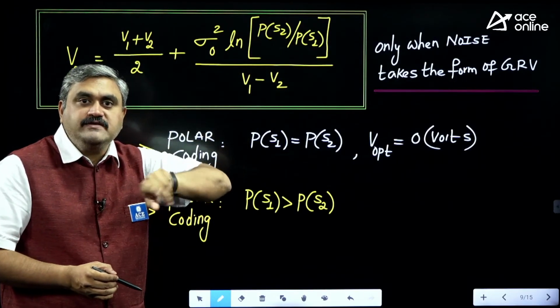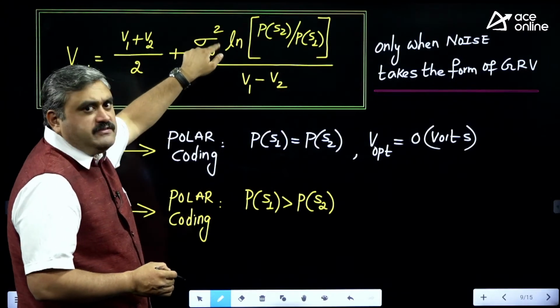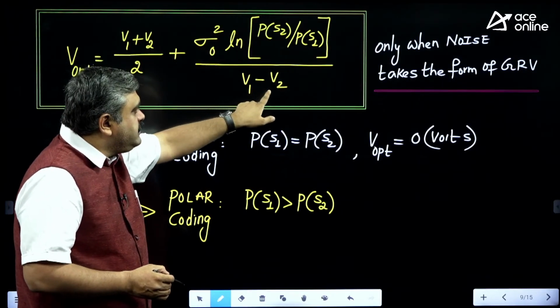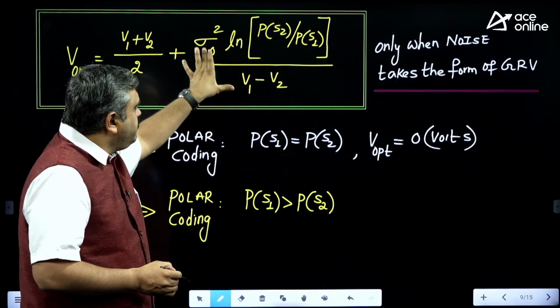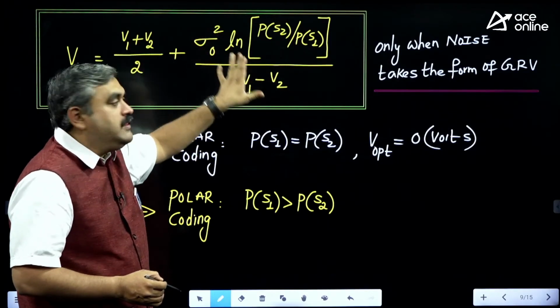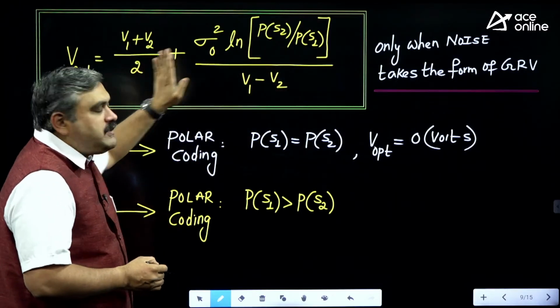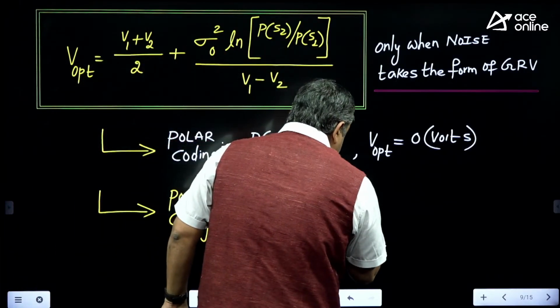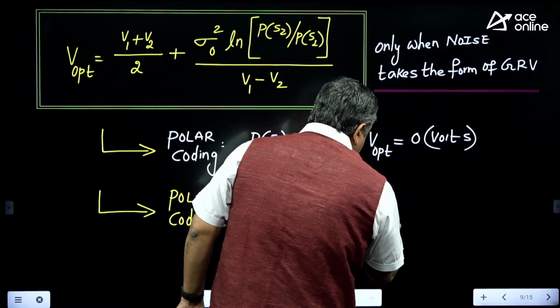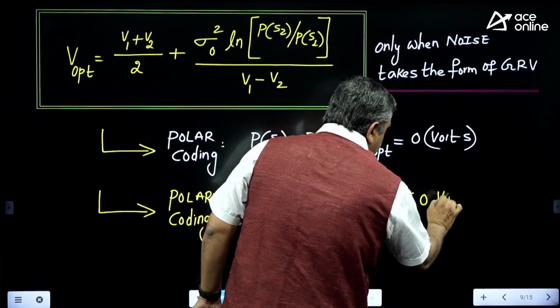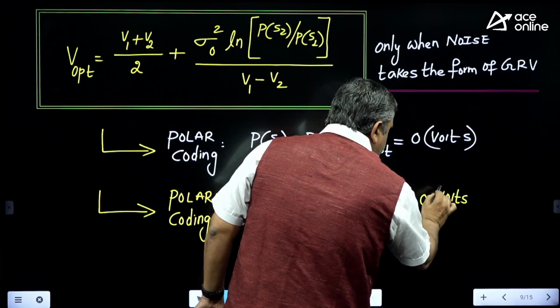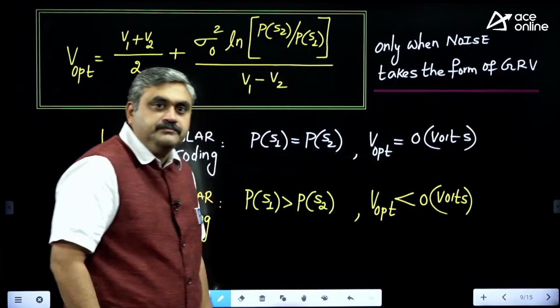Log of a value less than 1 is negative or not? There is no chance power is negative, it is positive. V1, V2, V2 is negative of V1, so this value is definitely positive. So don't worry about this component, this is every time positive. This is becoming negative. So 0 plus negative value will be negative. That means your value of VOPT will be strictly less than 0. That means strictly negative value. How much negative value? When you substitute the values, you will get it.